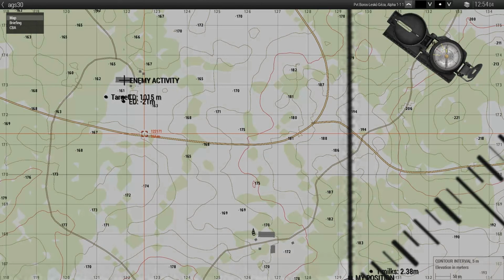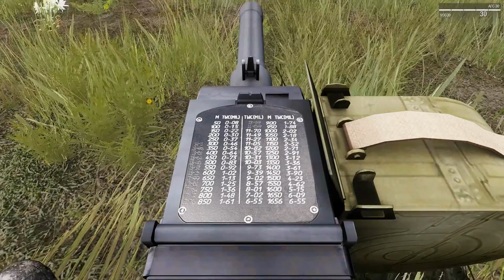We divide 8 by 2.38, and we get 3.36 mils. As we need to add 8 meters to our range, that means we need to depress our gun 3 mils from our base elevation, which was 1170, and that is 1167. That's how you calculate your solution, 1167.